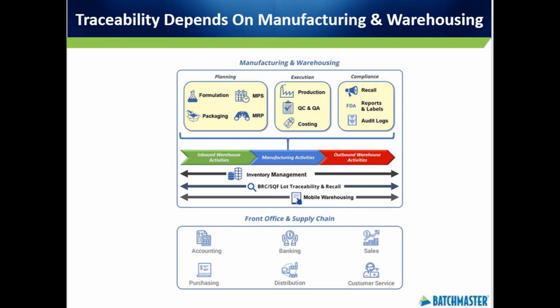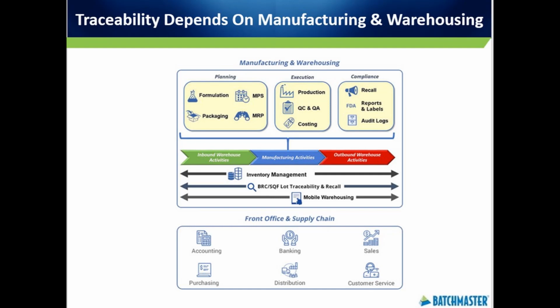Thanks, Caleb. Well, I hope you can see that lot traceability and recall really depends on the comprehensive lot management capabilities within the manufacturing and your warehousing processes. As you can see, lot traceability really goes from inbound through manufacturing to outbound. We can execute that with mobile warehousing on the smart devices.